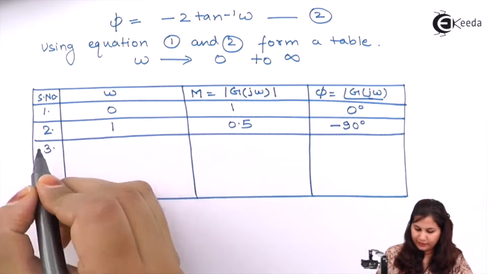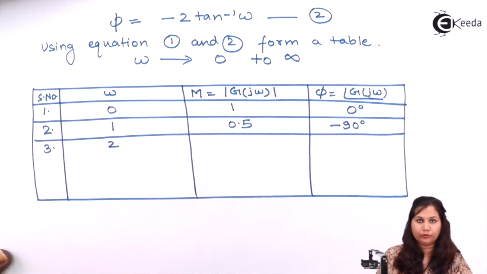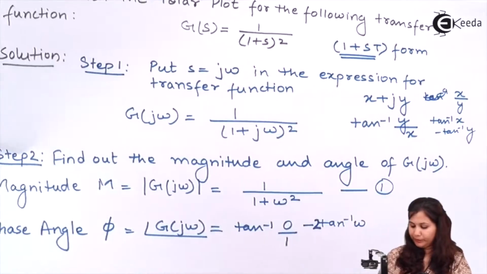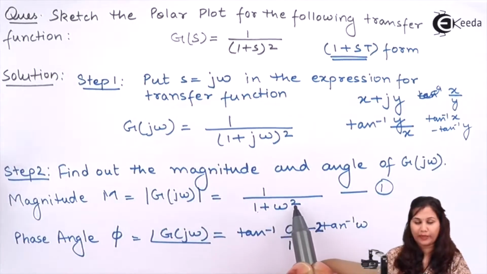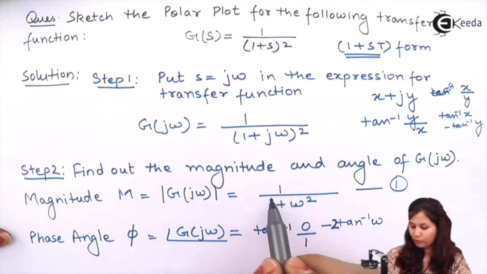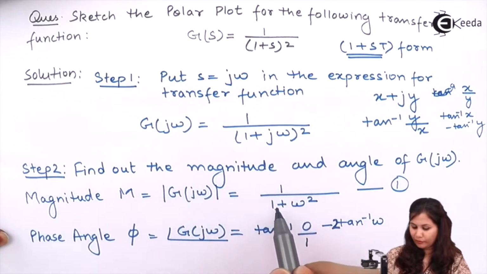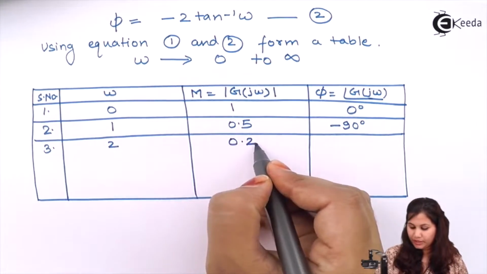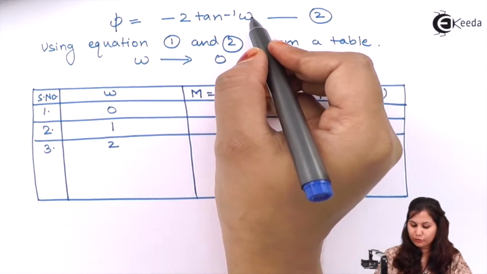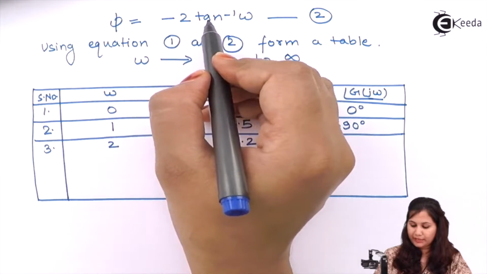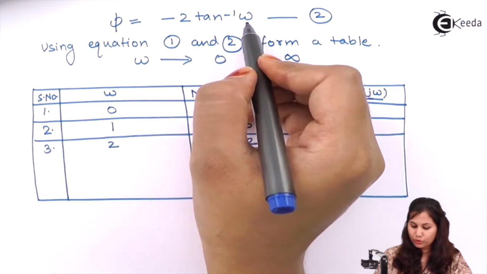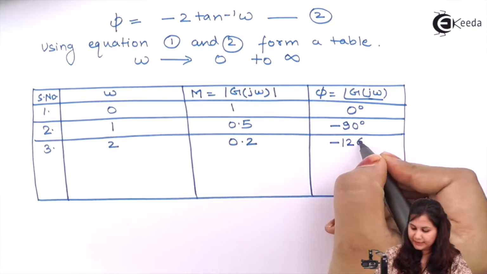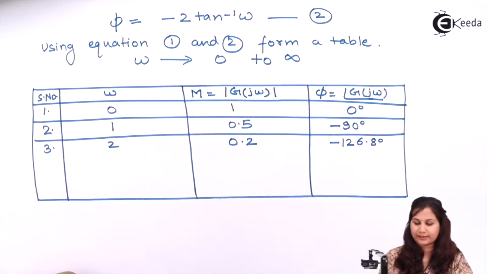Now take another value of omega as 2. The magnitude will be 1 upon 1 plus 2 square, that is 4, so 1 upon 5, which is 0.2. For the phase, minus 2 tan inverse of 2 comes out to be minus 126.8 degrees.